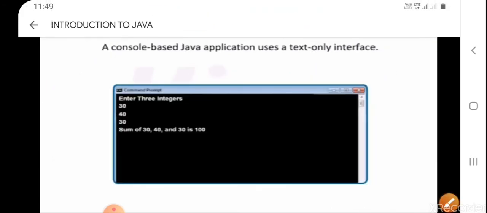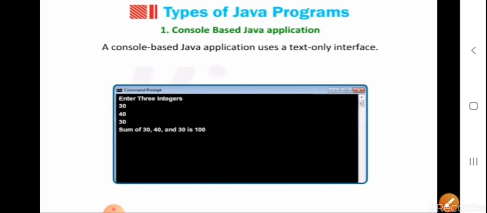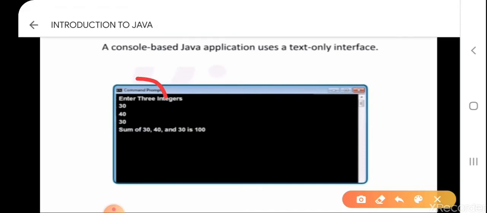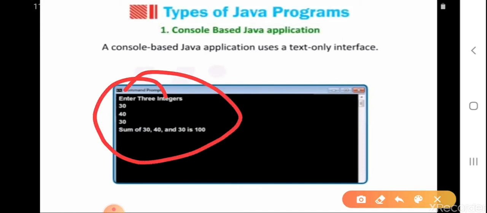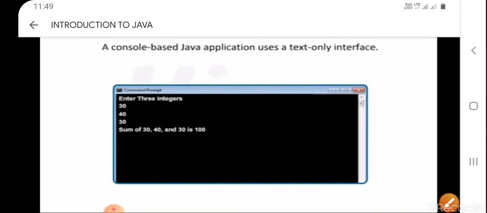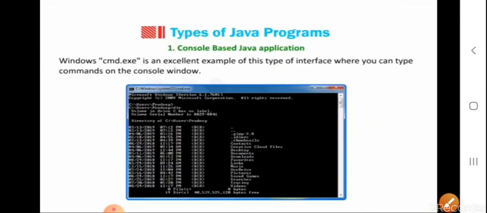A console-based Java application uses a text-only interface. See, only text can be used in these types of interfaces. Now, Windows cmd.exe is an excellent example of this type of interface. Which type of interface? Console-based interface.